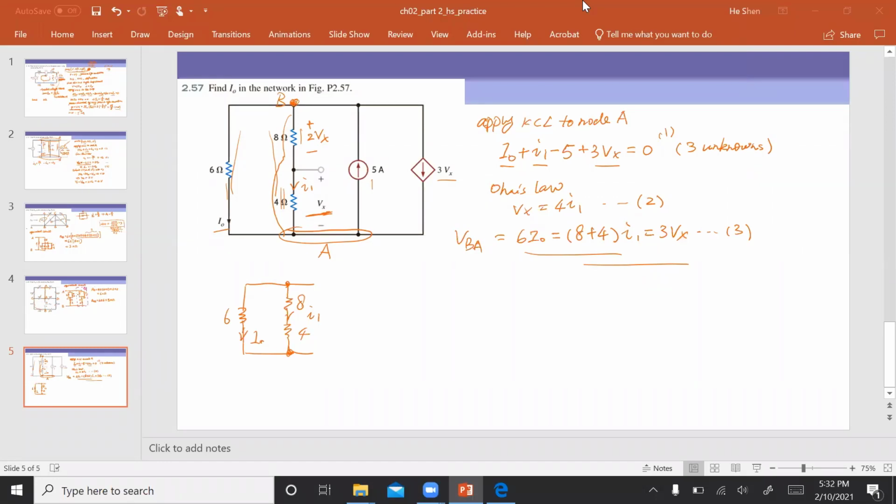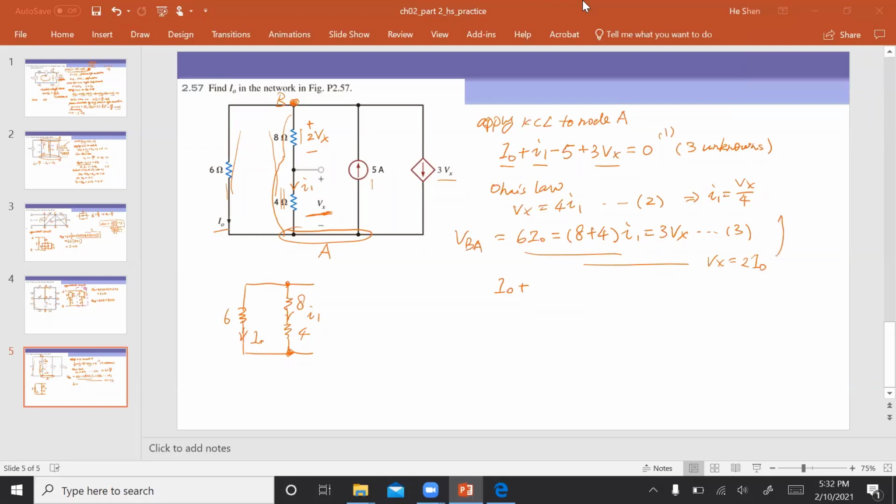Then we can put this into the first equation. So we have I0 plus I1 is equal to, from the second equation, I1 is equal to 1/4 of Vx, plus, and from the third equation, we find 3Vx is equal to 6 I0. We find Vx is equal to 2 I0.